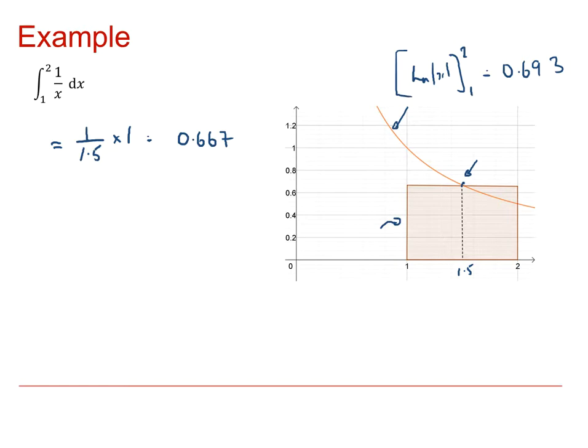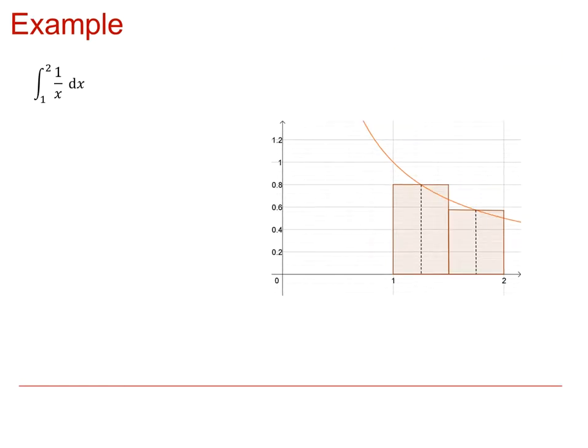So then we consider, how can we improve this? Well, the obvious answer is to use, instead of one interval, 2 intervals. So here's the situation we get if we use 2 intervals, where now the midpoints of each of the subintervals are at 1.25 and 1.75.